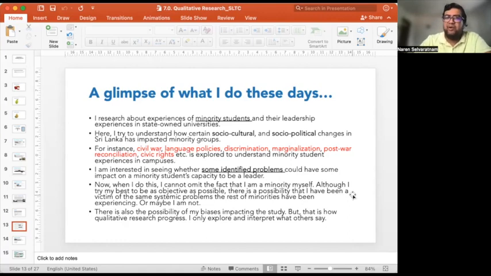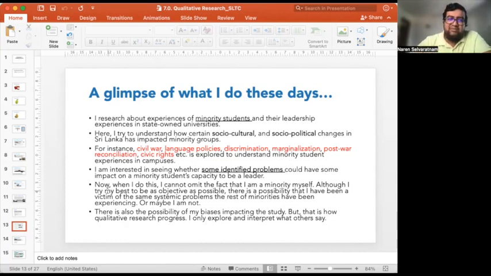When I study about minority groups, if I have gone through a lot of discrimination, maybe I am slightly more inclined to write about the negative things people may have experienced to show that, yes, there is systematic discrimination. And if I am not a person belonging to a minority group, I might do the exact opposite. So here I can't omit the fact that I am a minority as well.